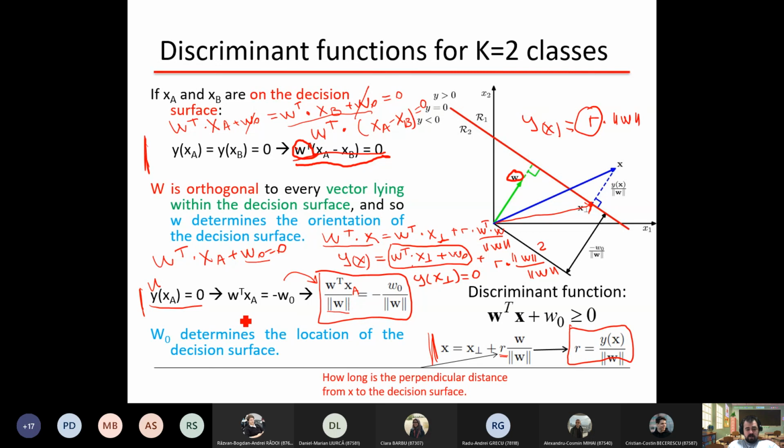Okay. We saw that in order to find this point XA on the surface, we get to this equation that divided by the norm of w tells me what is the distance from the origin to the decision surface. And that distance is minus w0 divided by the norm of w. Make sense?